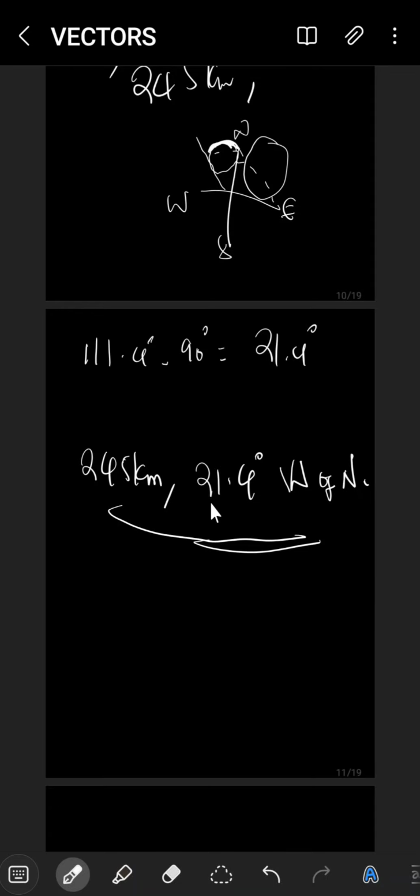But again, if you're given a direction in compass, you'll always have to get the actual angle from the positive x-axis. A physicist should know that the angle has just been cut. It's not entirely coming from the positive x-axis, so you add the 90 to the 21.4 to get the full angle you should actually consider.